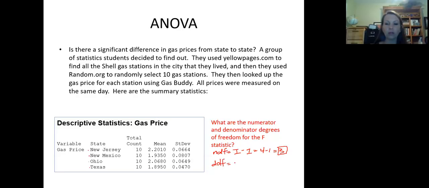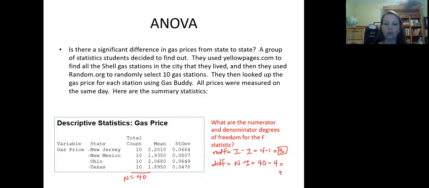Denominator degrees of freedom, we have capital N minus I. Capital N is the total number of observations in all the samples combined. In this case, there were 10 in each of my states, so I ended up with 40 total observations. So 40 is my capital N. Then I'm going to subtract off the number of groups being compared, which in this case was 4.